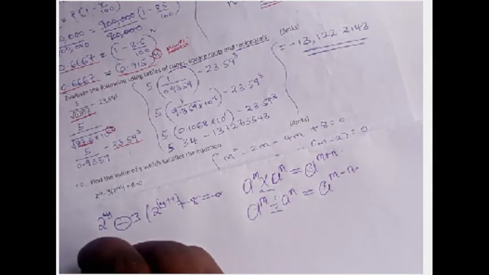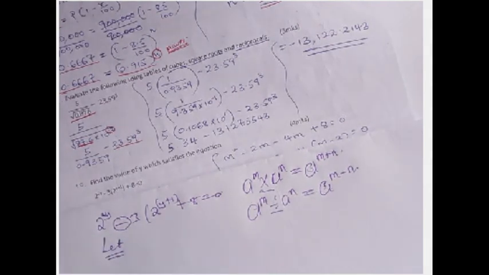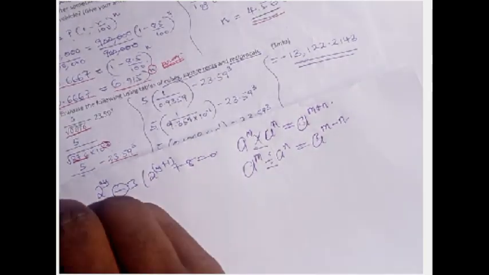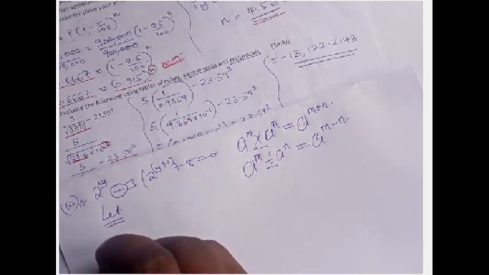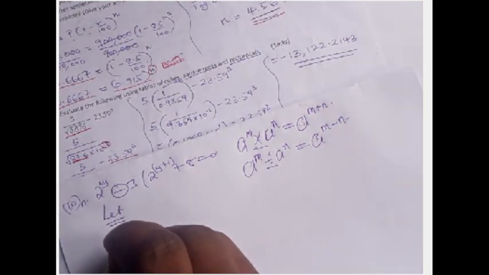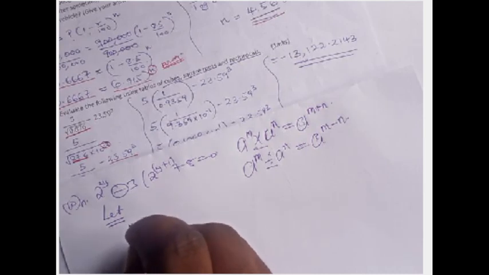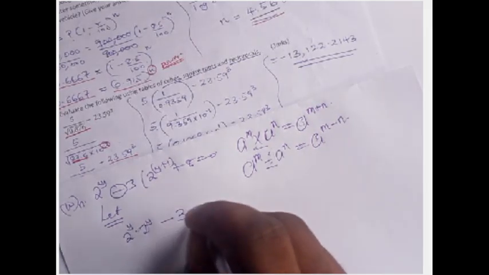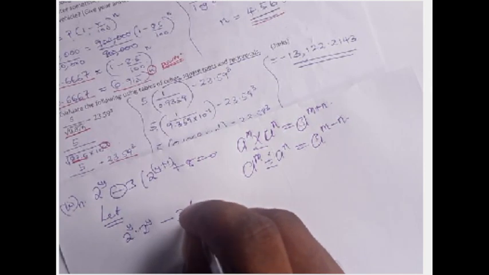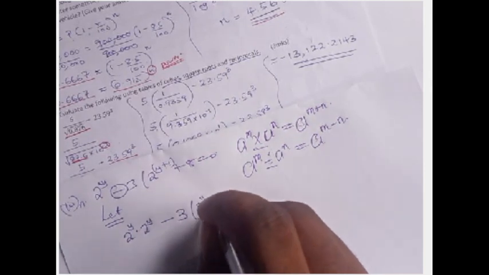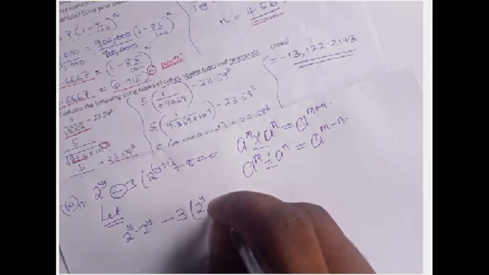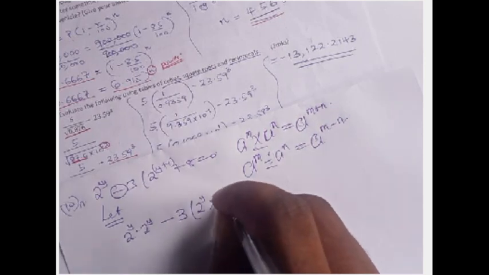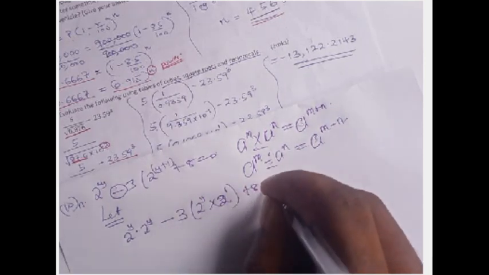So this one is a question that we must manipulate it until we say let. So we want to get back to the origin. 2 to the power of 2y is the same as 2 power y times 2 power y minus 3 into 2 power y times 2 to the power of 1 and then plus 8 is equals to 0.